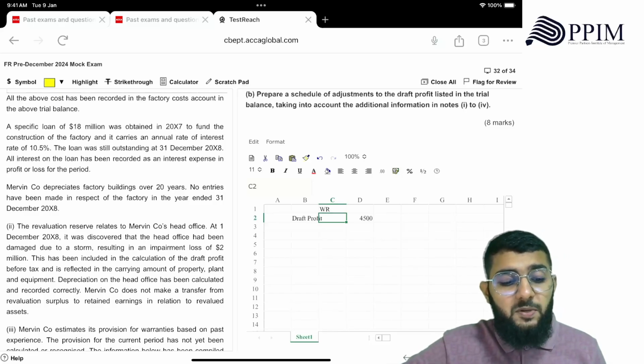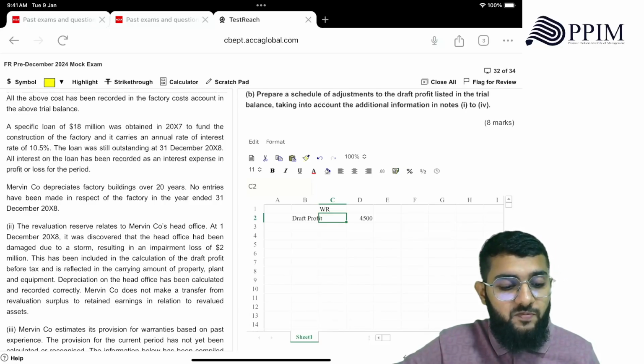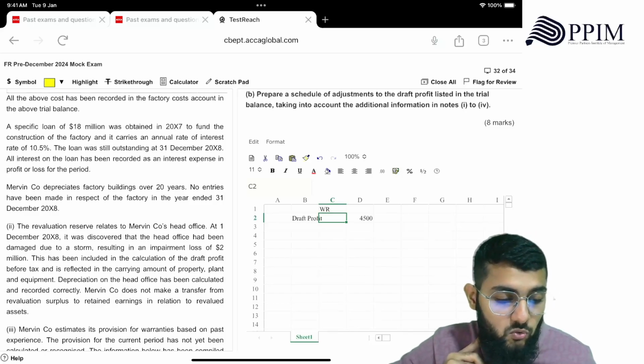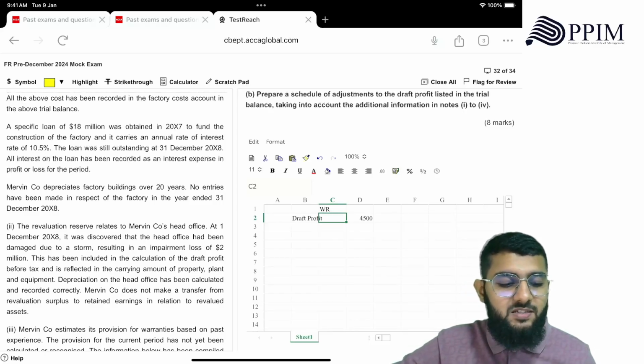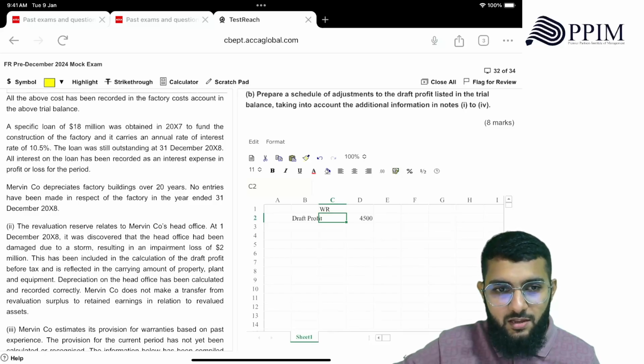Then they're talking about a specific loan of 18 million obtained in 2007 to fund the construction of the factory, and it carries an annual interest rate of 10.5%. The loan was still outstanding at 31st December 2008. All interest on the loan has been recorded as an interest expense in profit or loss. So what happens here? There is IAS 23.